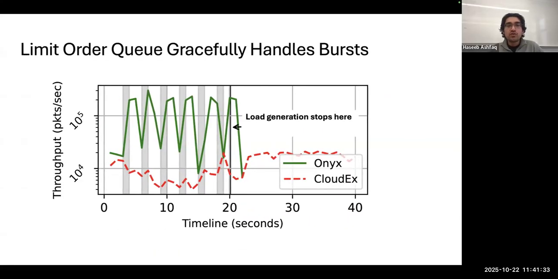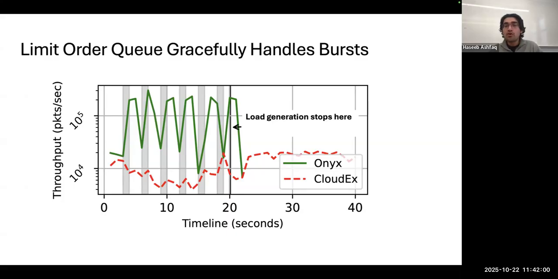And then this shows how LOQ is able to gracefully handle bursts of orders. For this, there's an experiment timeline on the x-axis, and the y-axis is the packets processed by the exchange per second. We are comparing Onyx, this system, with a prior system, CloudEx, and the shaded areas represent bursts of orders.